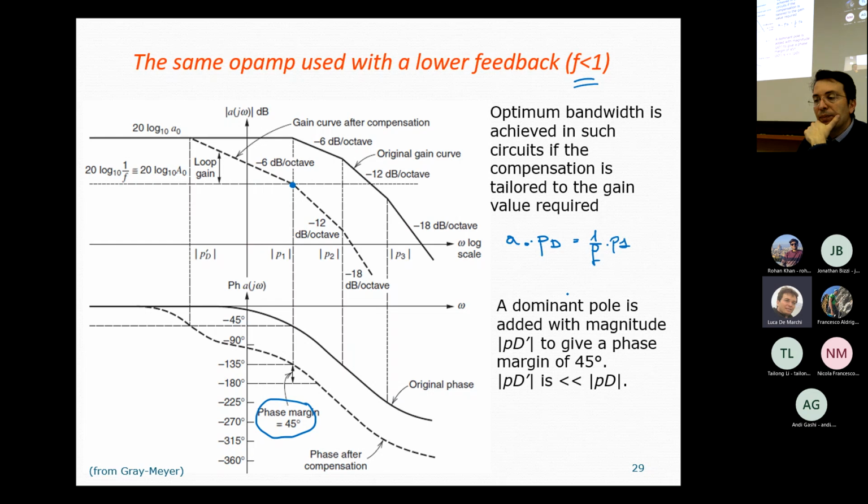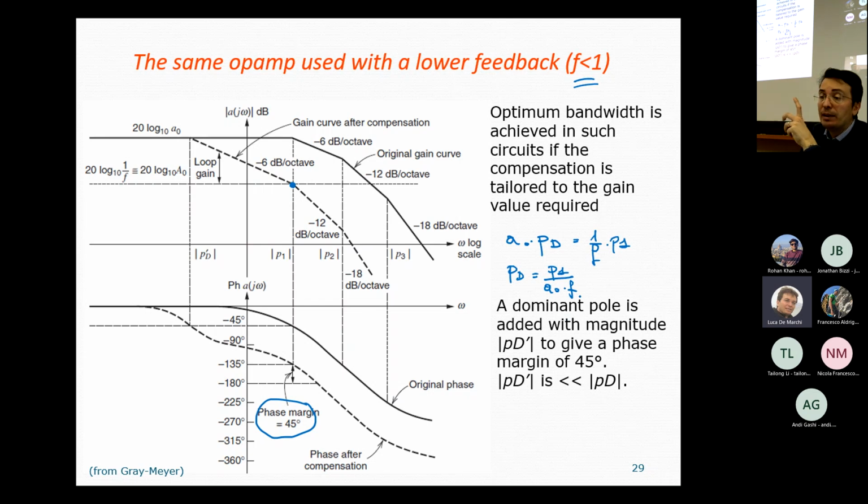This means that the new value for PD will be equal to P1 over A null times f. It is important to remember that f is smaller than 1.